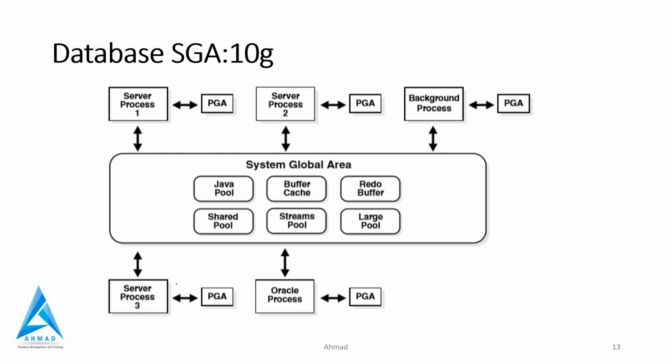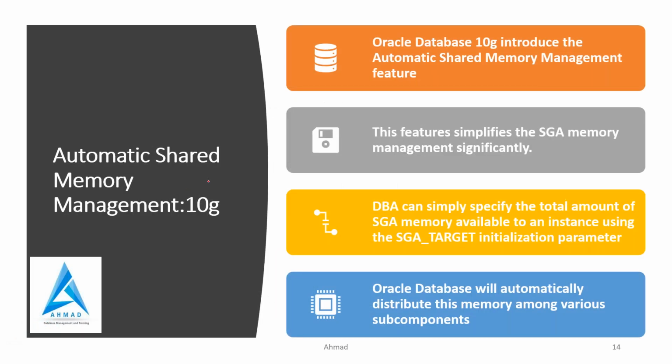You can see this in the diagram in white color. This is the streams pool. So from 10g we have 6 memory components, and the biggest change in 10g was automatic memory management. It manages the whole SGA.